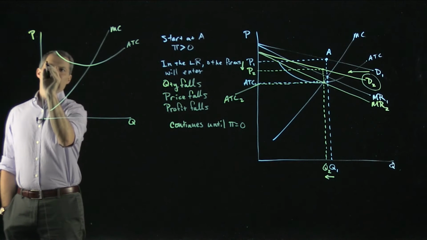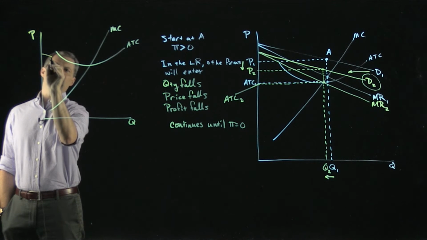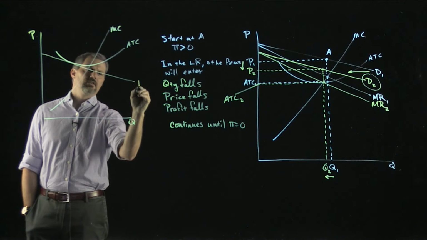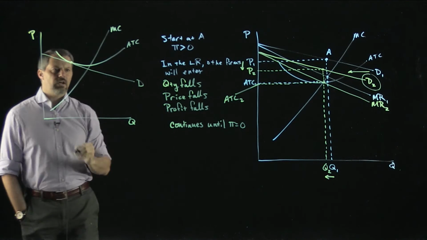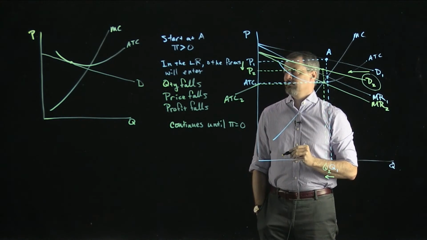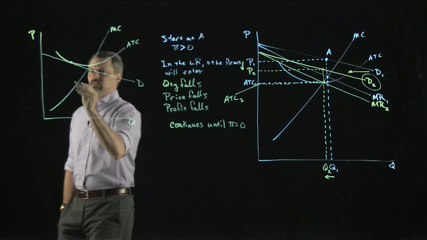In other words, the entry will continue until the residual demand curve has shifted to the point where it ends up being just tangent to that average total cost curve at one place. Now, let's go ahead and identify our price and quantity.